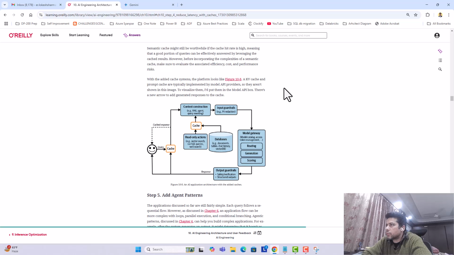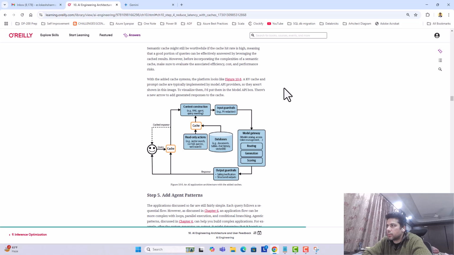I think the KV cache is a different concept. It's not similar to the custom cache that we are going to build.